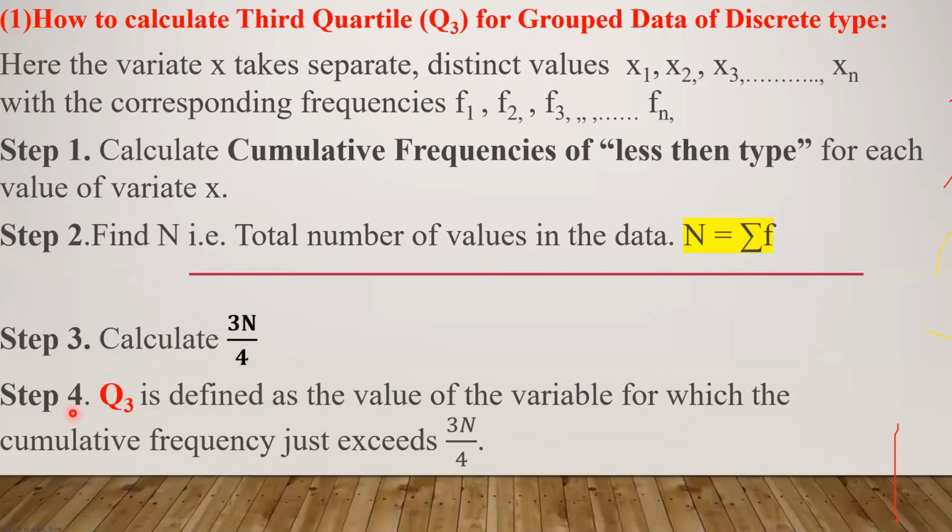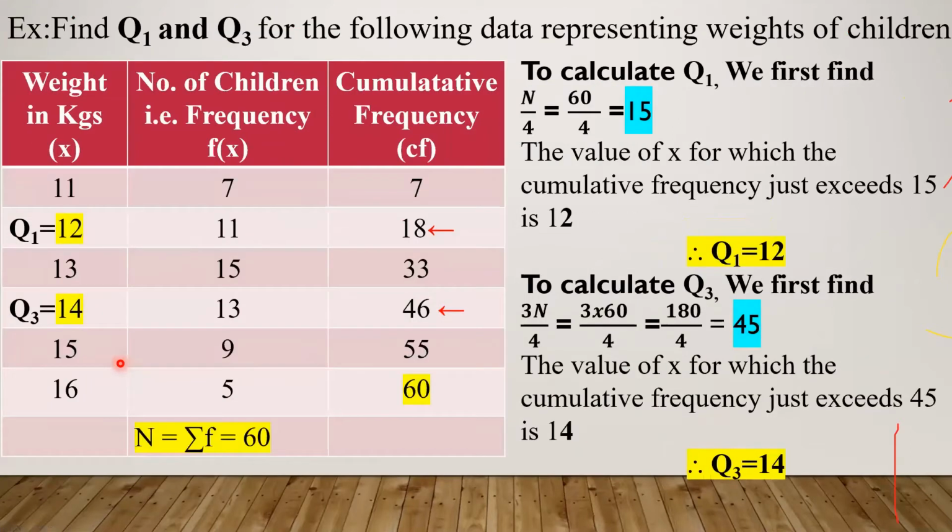Then in step 4, look at the cumulative frequency column, and where the cumulative frequency just exceeds 3n by 4, there you have to stop, and the variable for which it happens will become your value of Q3. So let us see in the same problem.